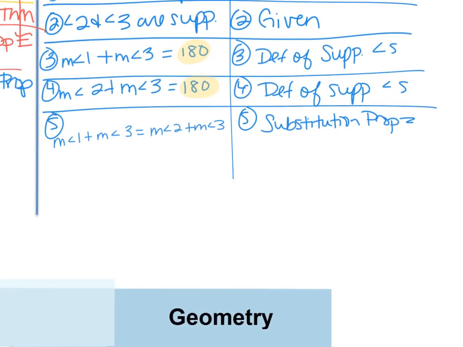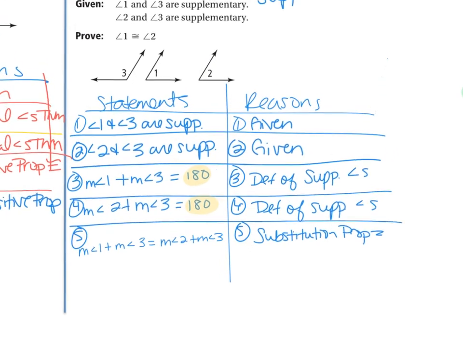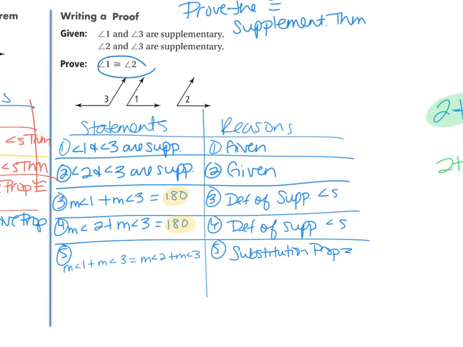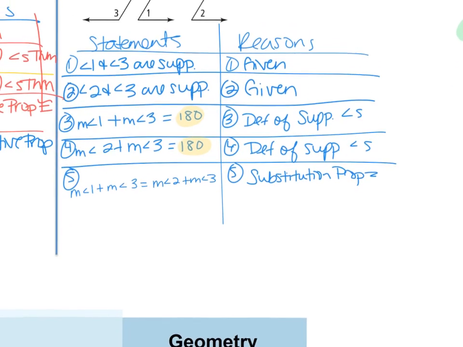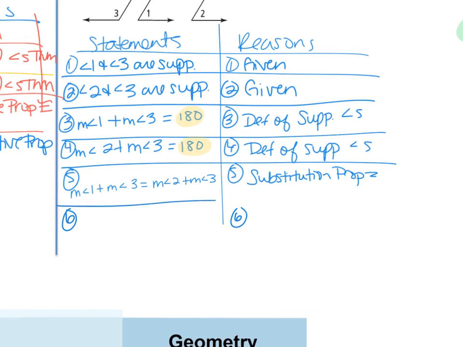Okay, now we're getting really close because we're trying to get to angle 1 is congruent to angle 2. What are your ideas on how we can get angle 1 and angle 2 by themselves on either side of the equal sign? Well, angle 3 is getting in our way, so we're going to subtract it, right?